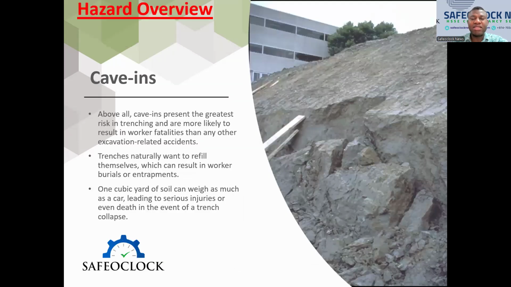Now let's look at some of the hazards associated with excavation. One of them is cave-ins. Cave-ins happen when the walls of the excavation collapse and fall inwards. Cave-in has a lot of risk associated with it.